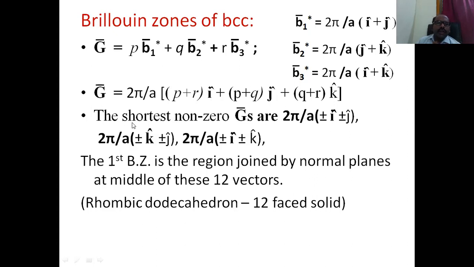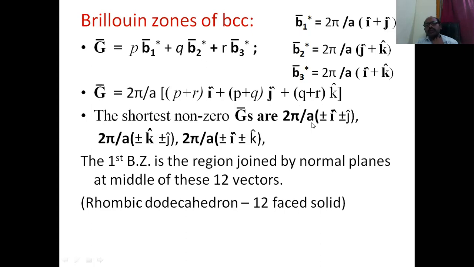We can get the shortest G vectors by substituting the shortest non-zero values of the integers p, q, r. By taking 1, we get 2 pi by a times plus or minus i cap plus or minus j cap.